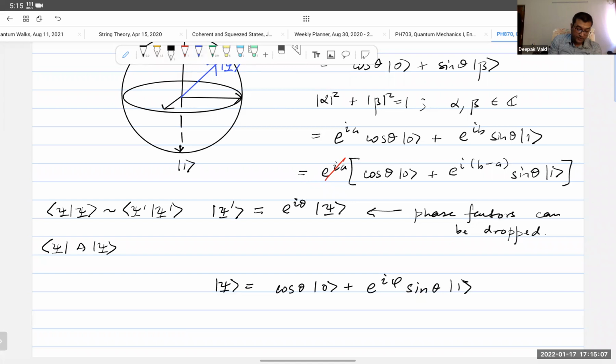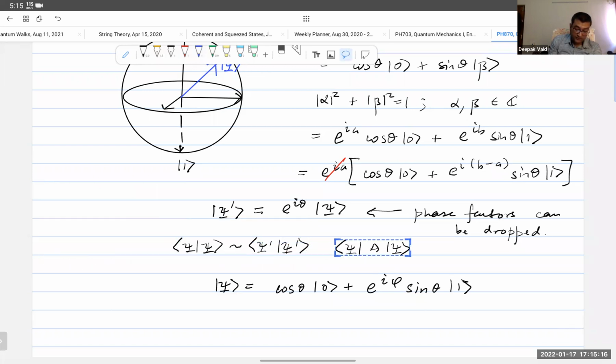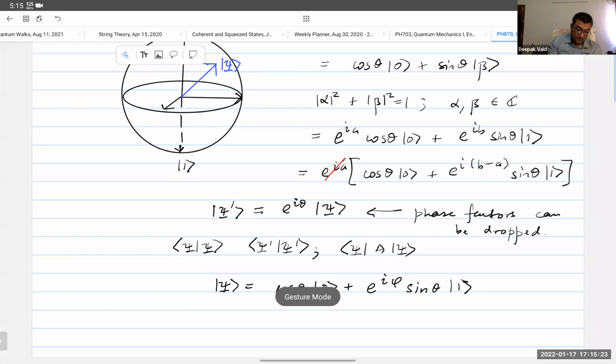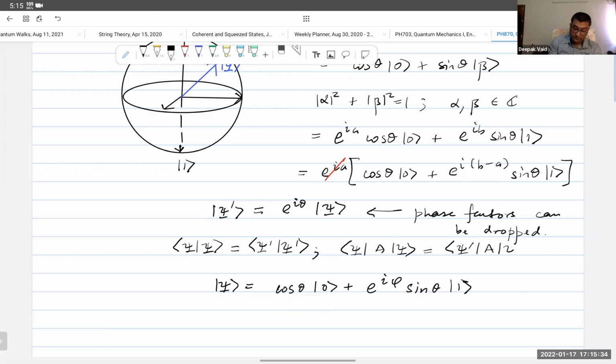Then, first of all, the expectation values of psi and psi prime are going to be equal, and so this will be an equality. I'll just fix that. And secondly, the expectation value of any operator is going to be the same in both the states, right? So the phase is not going to have any physical effect.